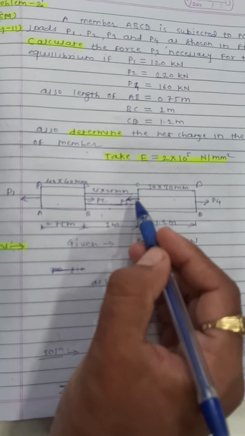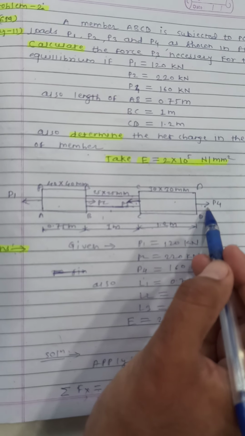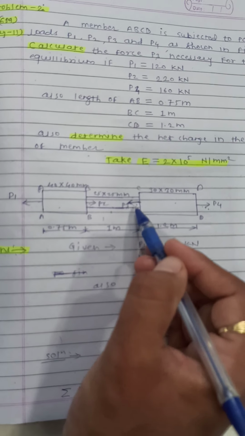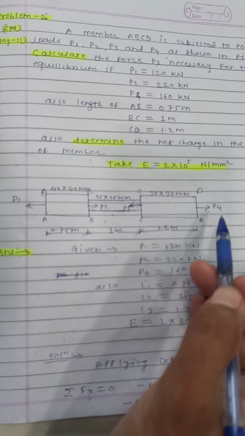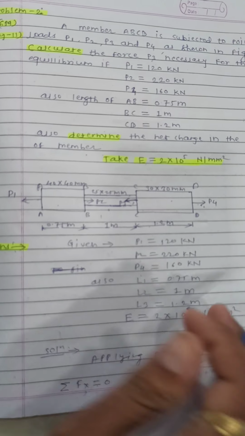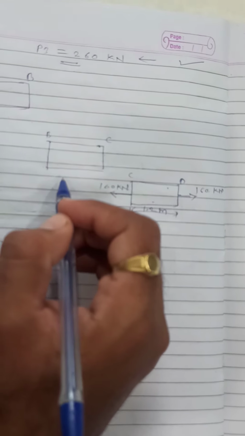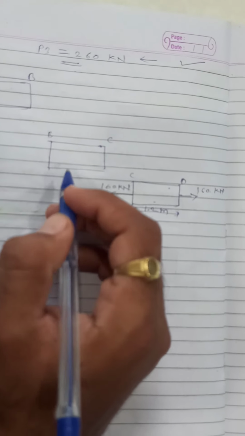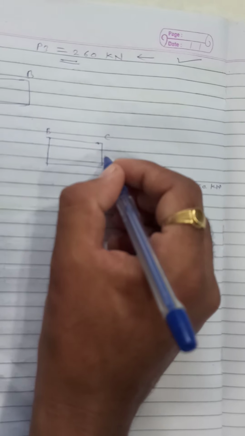The direction of P3 is to the left side and P4 is to the right side. So P4 minus P3. P4 is 160 and P3 is 240 from the first answer. Deduct that value and it comes as 100, but compressive.